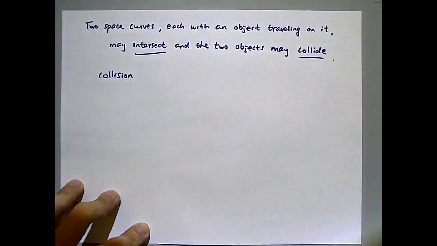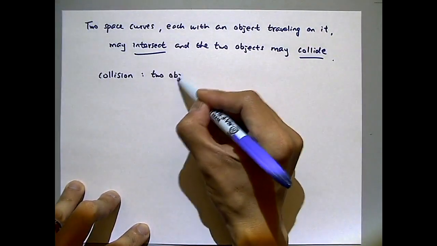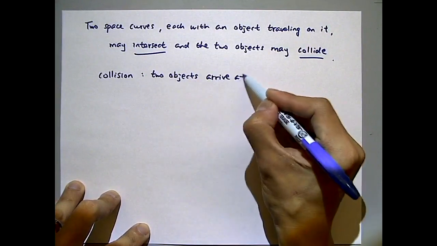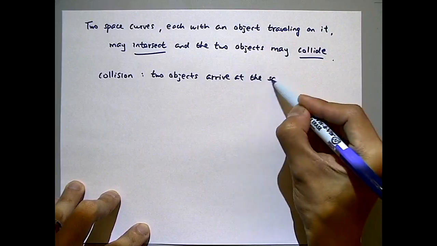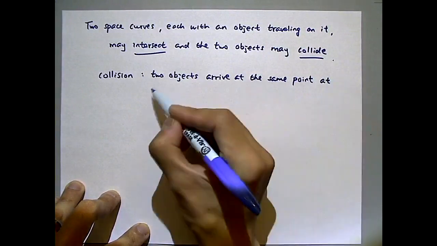Okay, so remember, collision means two objects or more, here we're dealing with two, arrive at the same point at the same time.